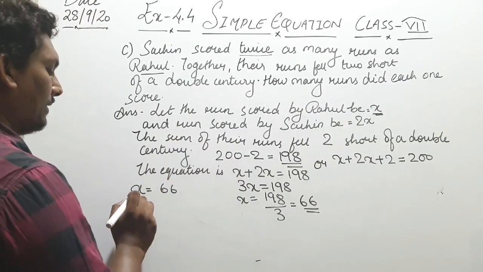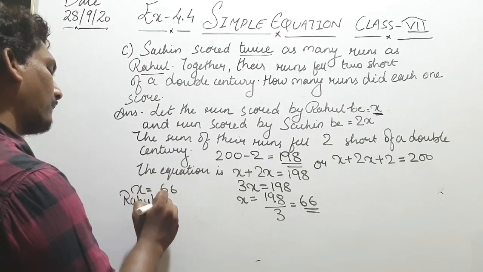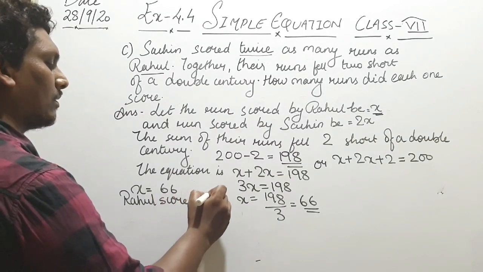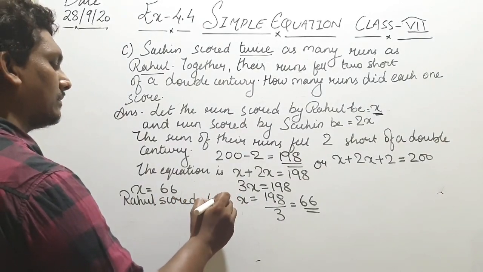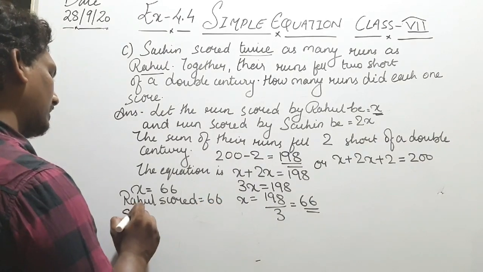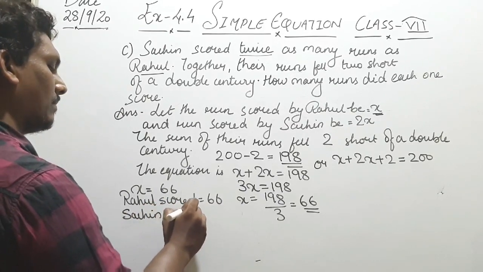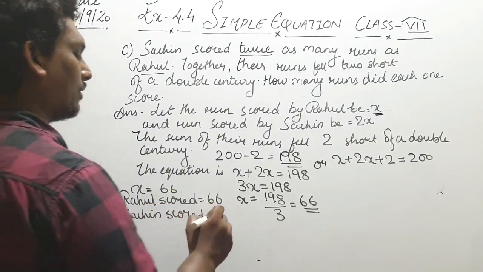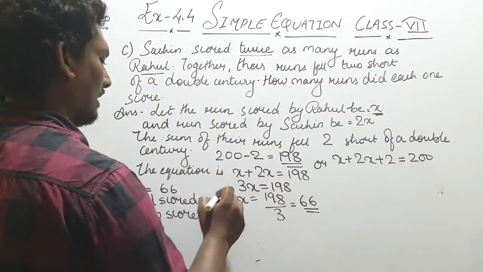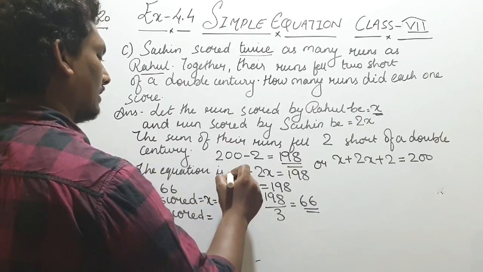So Rahul scored 66 runs and Sachin scored, means Rahul scored x, that is 66.